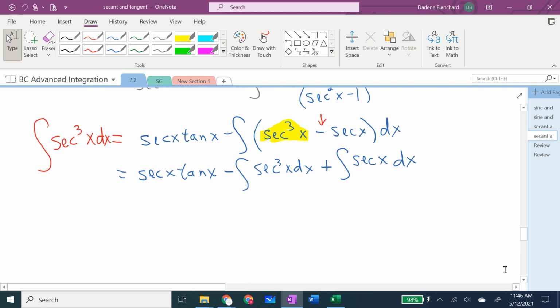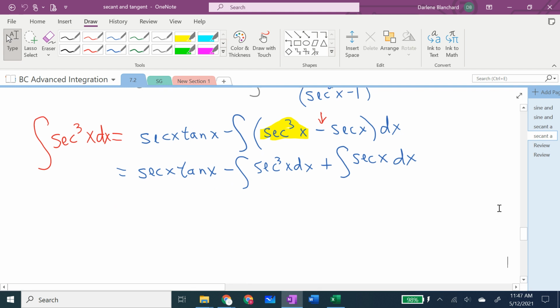Anyone see how beautiful this is yet? This is an equation. Mind you, on the left side, I have the integral of secant cubed x dx. Anyone online see what to do?